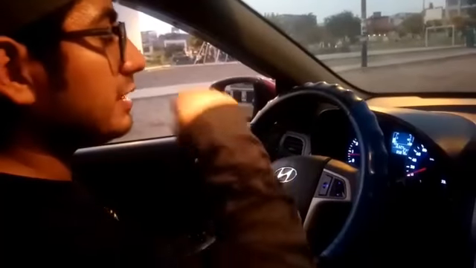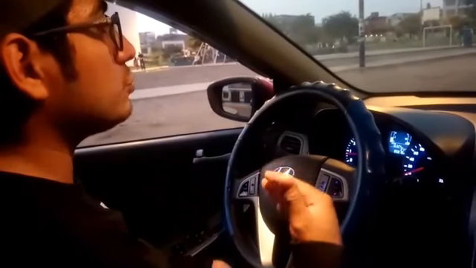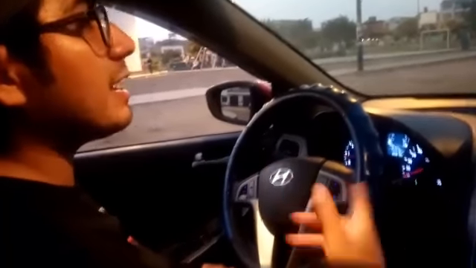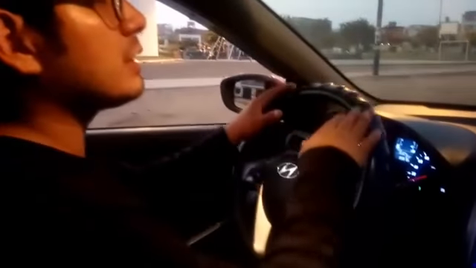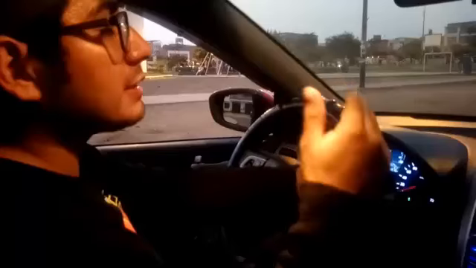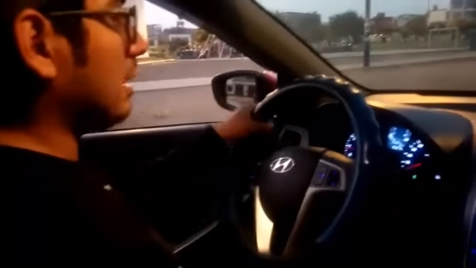Start with the second test. In this, I'm going to try to maintain a velocity, and then I'm going to push the brake, and we're going to calculate the distance from when I push the brake to when the car stops. Well, I'm going to start.